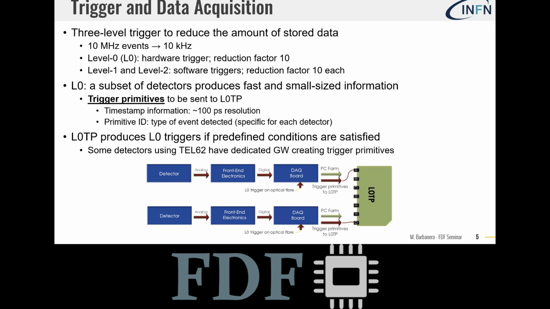So the level 0 trigger is made by a subset of detectors, which uses just a small subset of information from the detector to produce some small size packets called trigger primitives that are sent to a central level 0 trigger processor, here called L0TP.